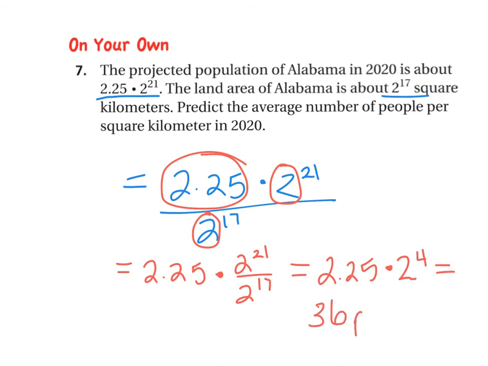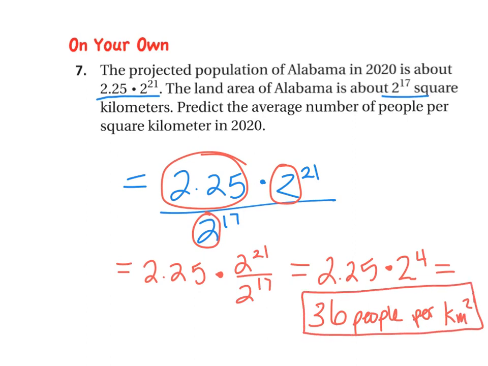And this is 36 people per kilometer squared. So in Alabama in 2020, theoretically, there will be 36 people per square kilometer.